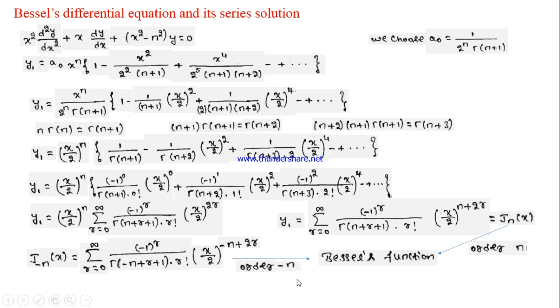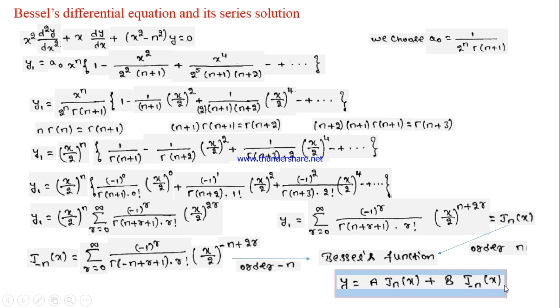Hence we can express our general solution as y is equal to arbitrary constant into y1 is what? Jn of x plus an arbitrary constant b into y2, that is j minus n of x.